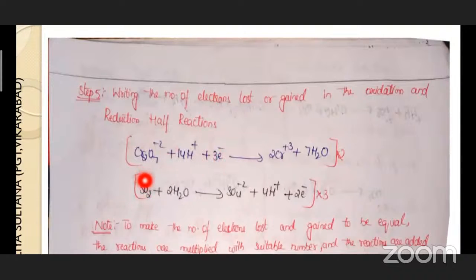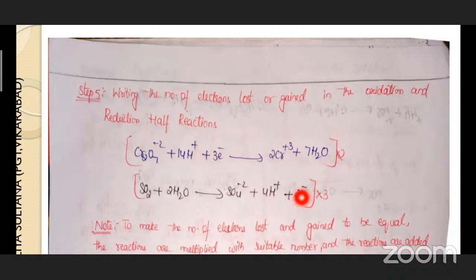Chromium's oxidation number is changing from +6 to +3, right? That means it is gaining 3 electrons. That is the change over here. And the oxidation state of sulfur is changing from +4 to +6. That means it has lost 2 electrons.